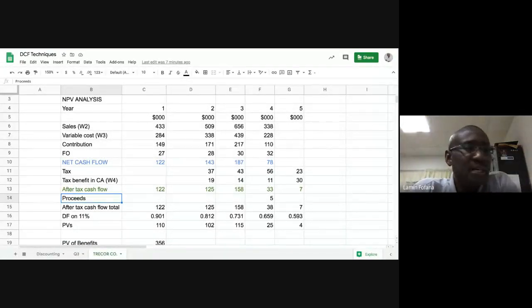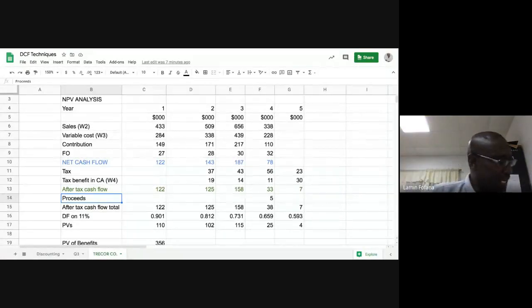Okay, the B part is asking for an ARR. It says calculate the before tax return on capital employed, that's in brackets accounting rate of return, based on average investment. So simple. It's asking for the before tax cash flow.